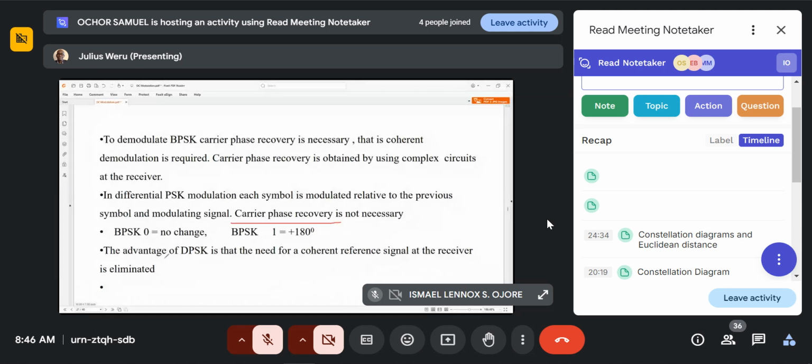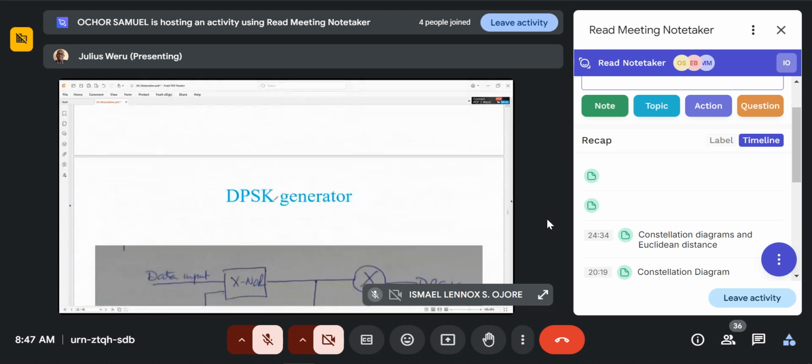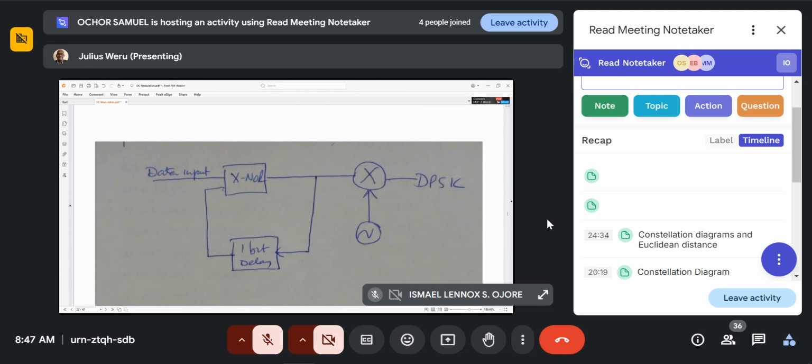So you can simply use an incoherent receiver. In this case, each symbol is modulated relative to the previous symbol, so it is what we call differential. It's like differential encoding, differential PSK modulation. So it's very simple. That is the circuit.